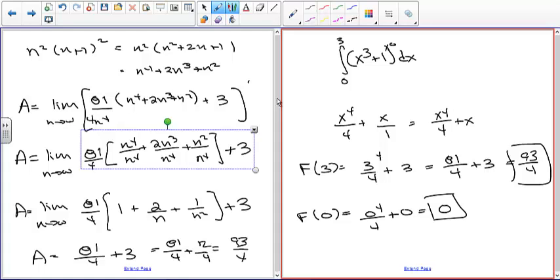You might say, wow, that's a coincidence. The area I got by using the limit process, which was 93 over 4, is the same as the antiderivative evaluated at the upper limit, the right-hand side of the area, minus the antiderivative evaluated at the beginning of the interval. If I subtract those two, I get the area. And you're like, ooh, that's pretty cool. I wonder if that's just a coincidence or if there's something to that.